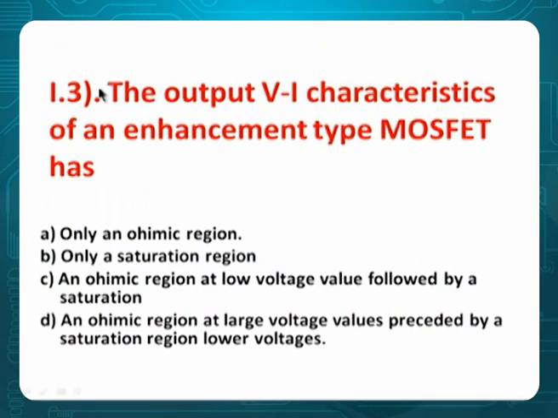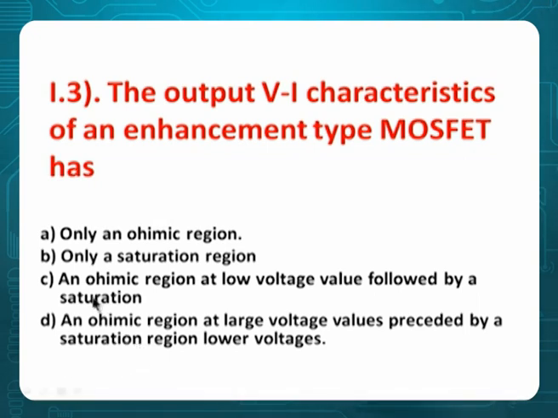Question number 3. The output VI characteristics of an enhancement type MOSFET has: A, only ohmic region; B, only saturation region; C, ohmic region at low voltages followed by a saturation region; D, ohmic region at large voltages preceded by saturation region.